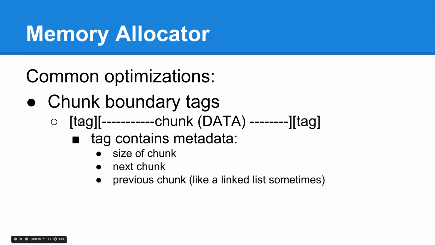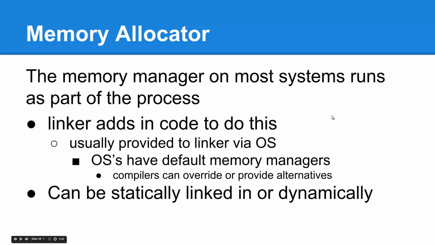And these tags contain metadata such as the size of this given chunk, a pointer to the next chunk, and maybe a pointer to the previous chunk, and maybe some other metadata as well. Typically, there are optimizations made within each memory allocation scheme that make use of this metadata. And we'll dive into that with dlmalloc and the previous in use bit.